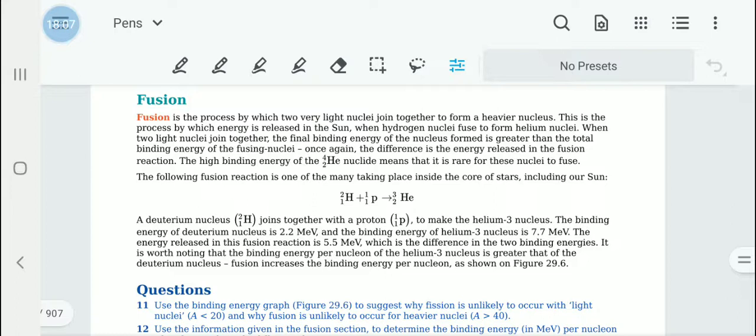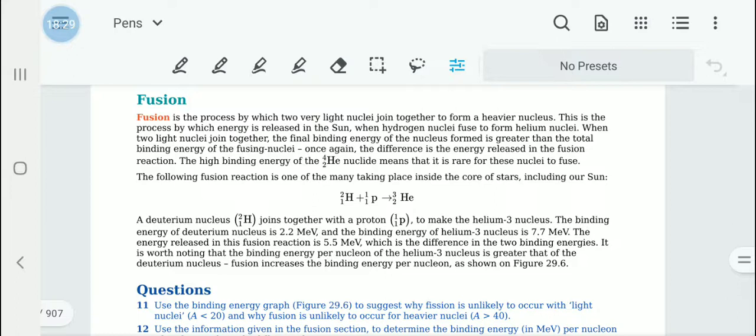However, what happens is deuterium joins together with a proton, which is actually the hydrogen ion rather. It produces the helium nucleus.